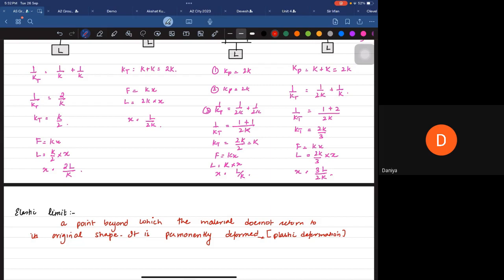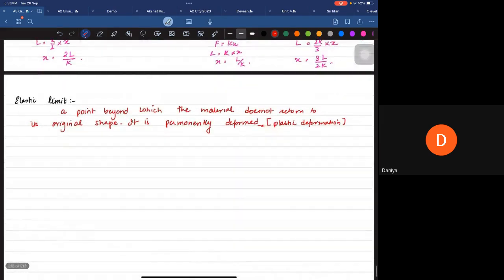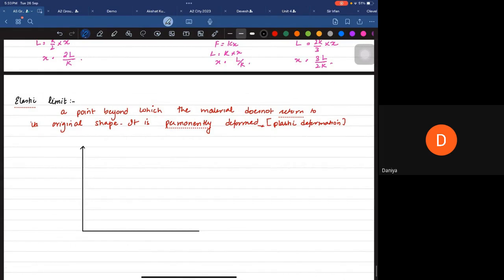Yes. Generally speaking of this, when you have the graph that we studied before, suppose this is extension. So this is specific to spring, right? No, every material. Okay. This is force. So if you keep on pulling something for quite a high load, at one point, as we've studied, it starts to turn.